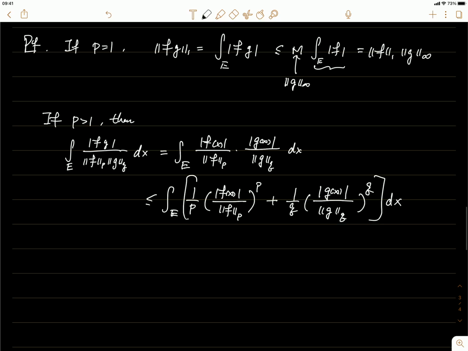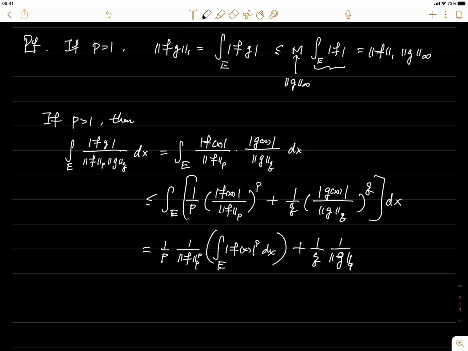Okay, and it's a sum, so I can separate them, and this is just equal to 1 over p, and again this constant can be pulled out. Remember that I have a power p onto this, and the inside is the integral of f to the power p dx. So that's the first term. The second term is similar: the q norm of g to the power q, and the integral of g(x) to the power q dx.